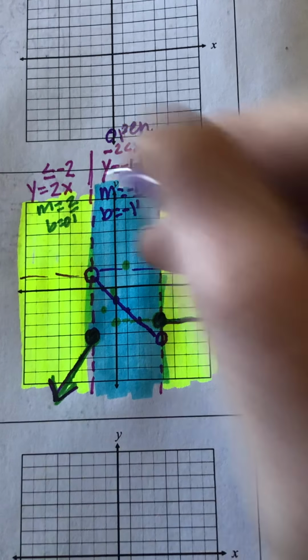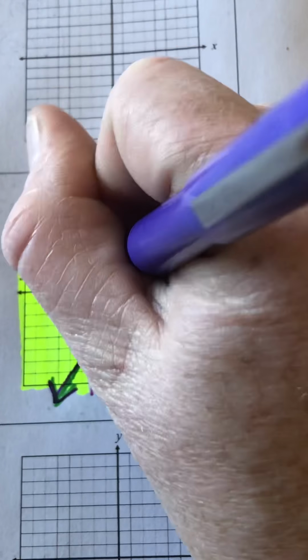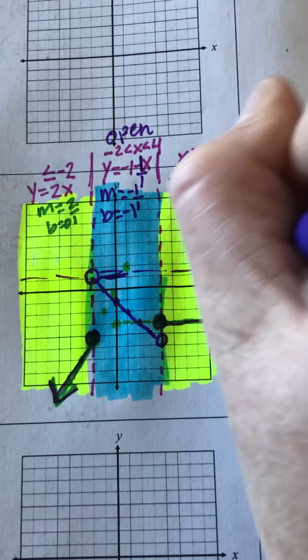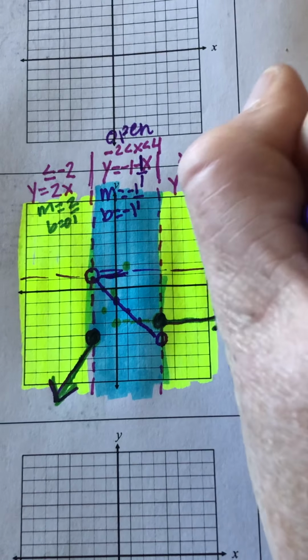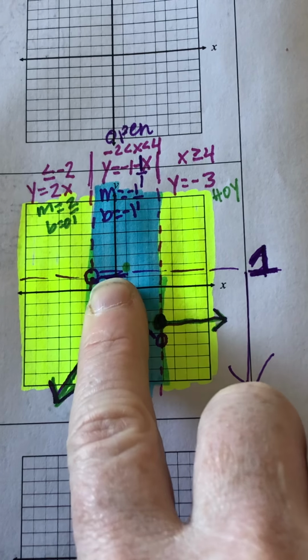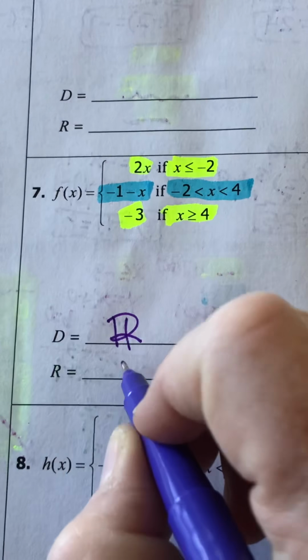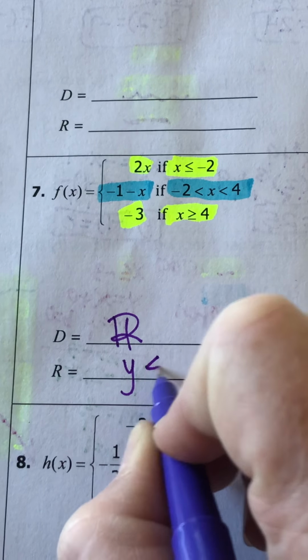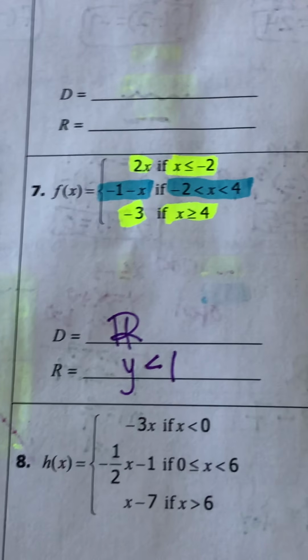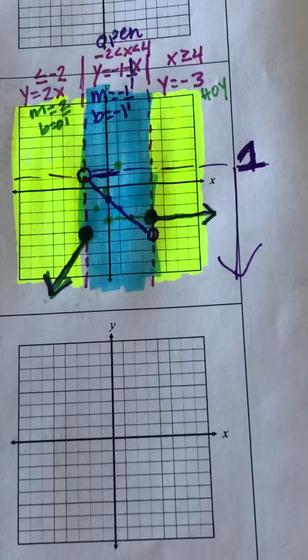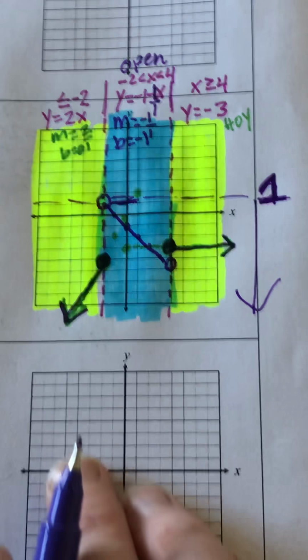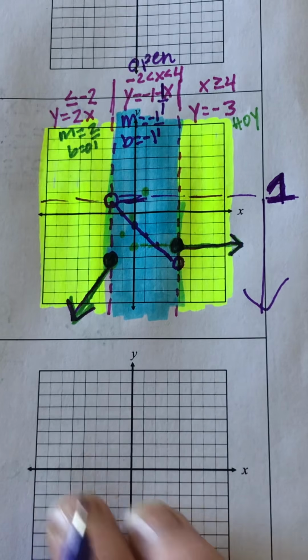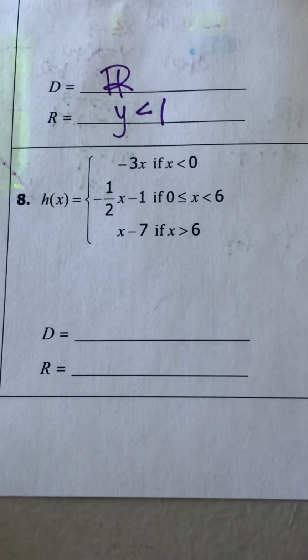That's not 2, I'm sorry, that's just 1 box. That's at 1, my bad. Okay, so 1, and then we're going below, and then open circle. Put it all together. Y is less than 1, that's your range. Okay? Everything else, it goes on forever at some point. Down forever.